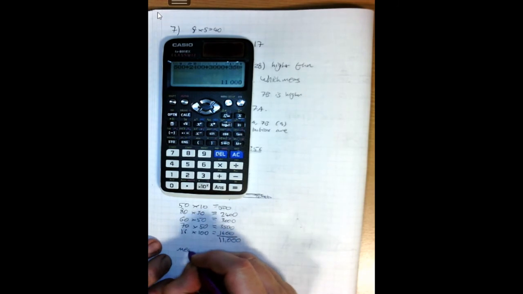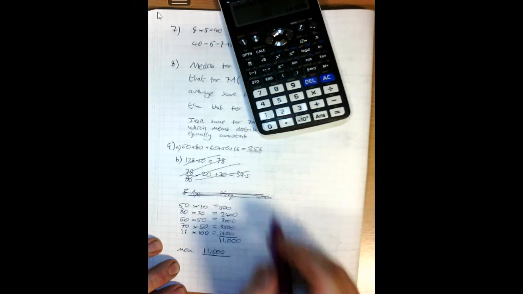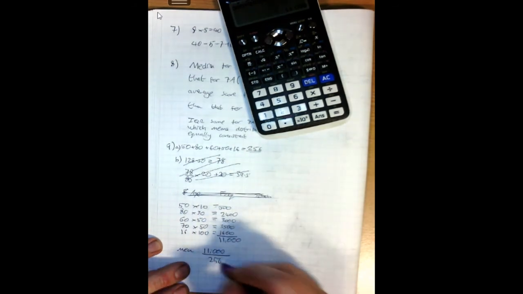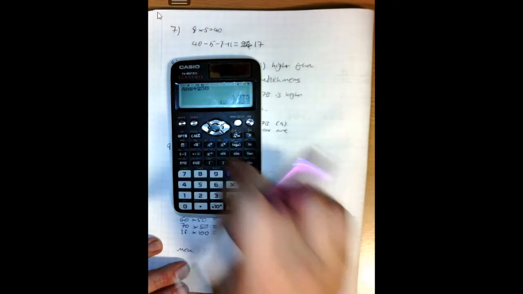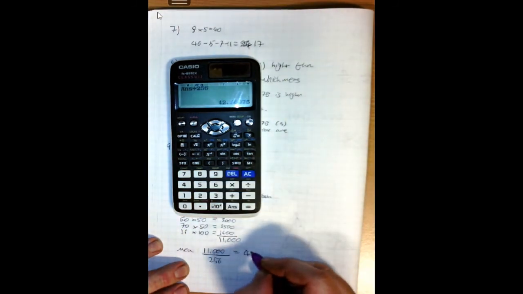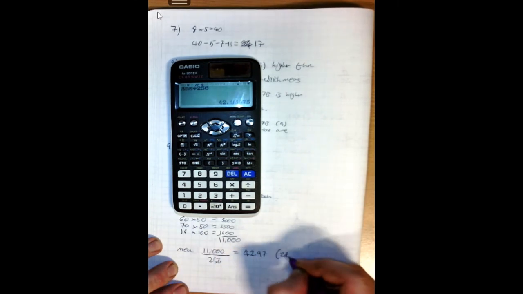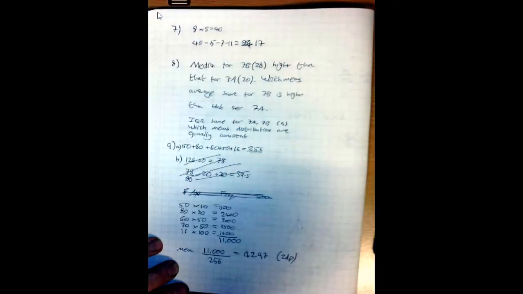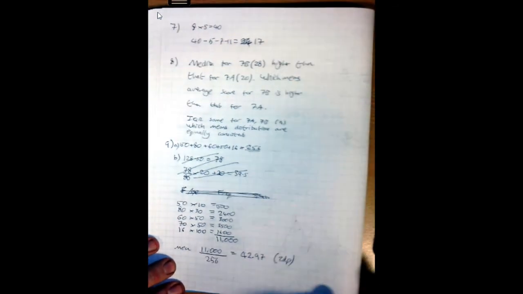So the mean is 11,000 divided by, there are 256 people. 42.97 to 2dp. I'm leaving it like that. Don't need to round it to the nearest one or anything.